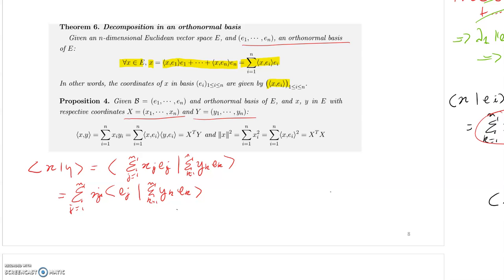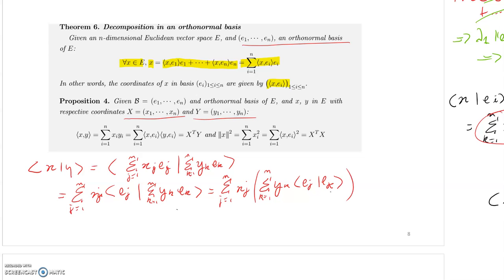And then I'm going to use linearity on the second argument, so I still have my outer sum with xj, and here I get the sum for k equals 1 to n of yk times the inner product of ej with ek.